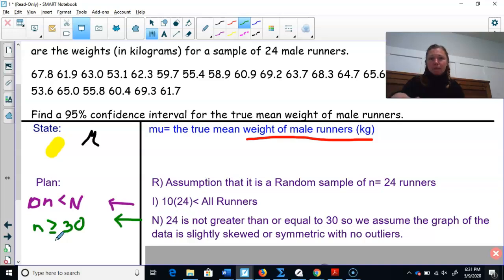But what has to happen is you have to graph this data, and you have to make sure that it can have a slight skew, or we would like it to be symmetric, but there can't be any outliers. Since we're not in AP stats and we're not in college stats yet, we're going to go ahead and say you can assume this so you don't have to graph it. Make your life a little bit easier, especially in the year 2020 with all this COVID stuff. We want to make it as easy as we can while we're learning about this confidence interval.